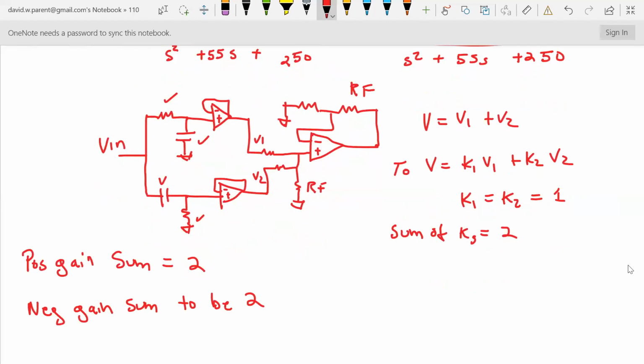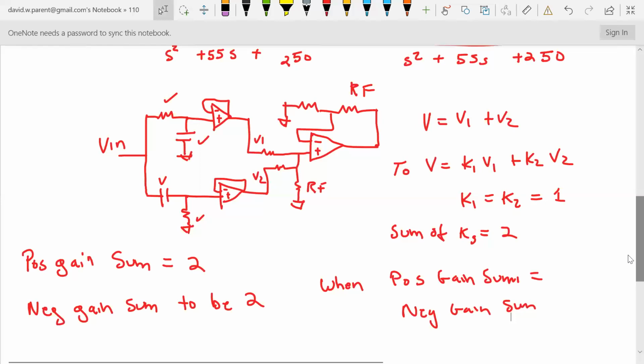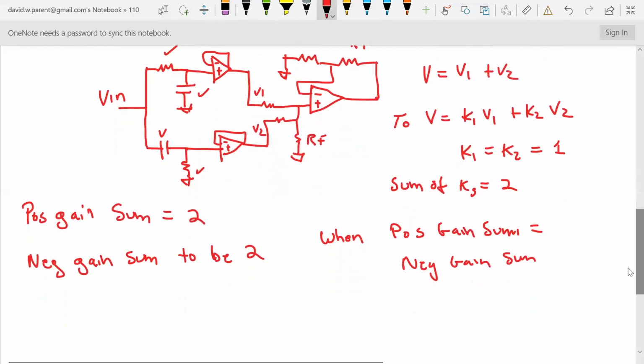Because when positive gain sum equals negative gain sum, right?